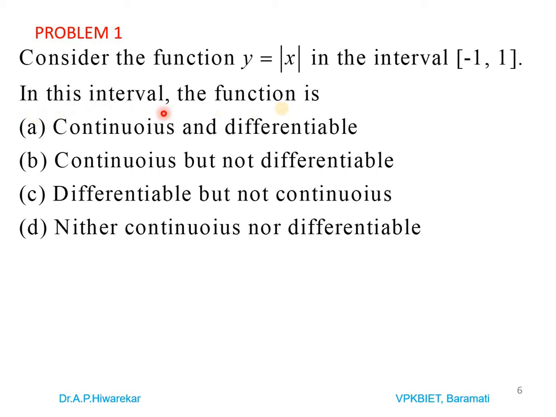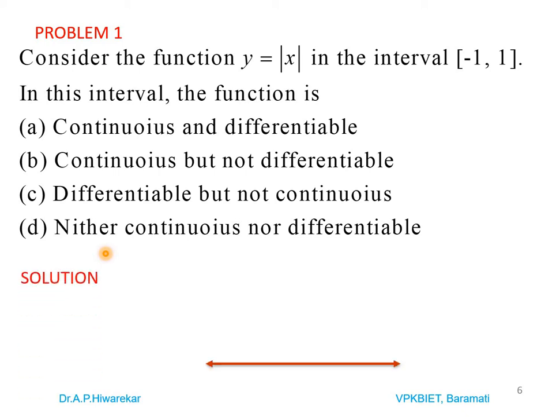In this interval the function is: option A, continuous and differentiable; option B, continuous but not differentiable; option C, differentiable but not continuous; option D, neither continuous nor differentiable. So we have to choose one option among these four.